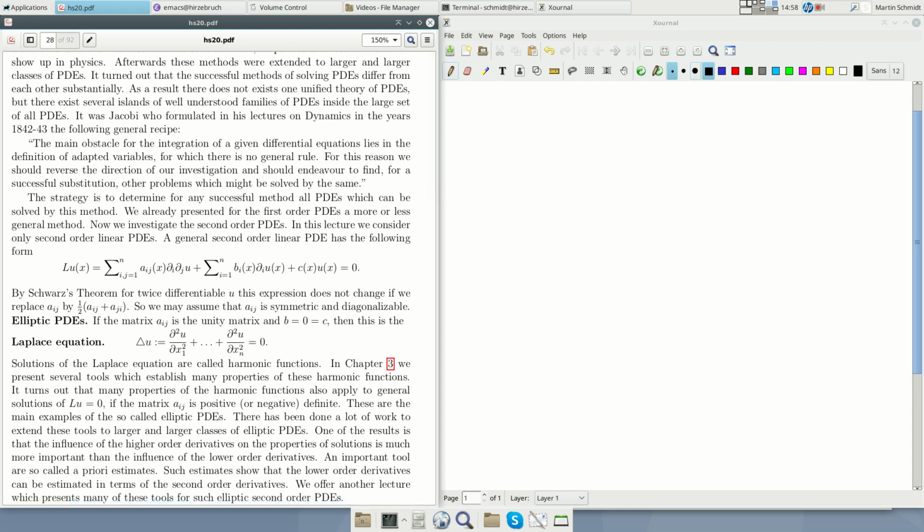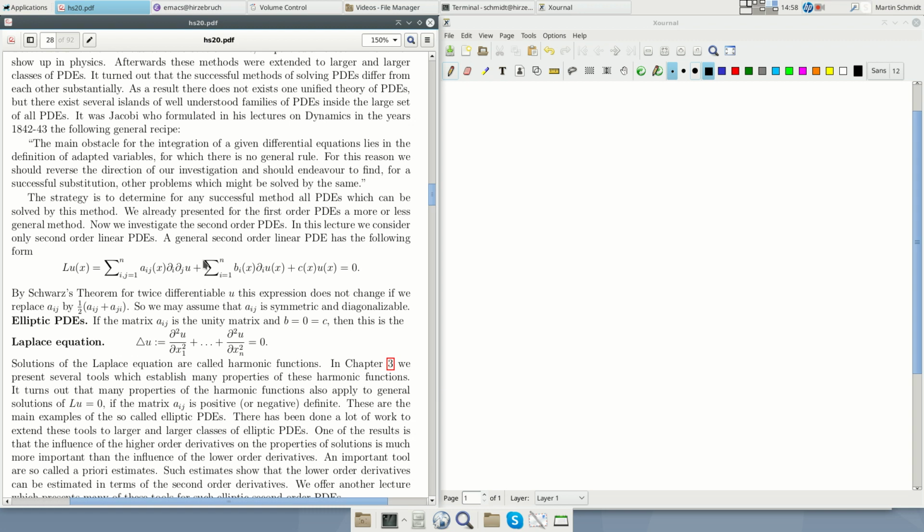Okay, this is more or less the next more complicated PDE after we understood the first order scalar PDEs. Now we should say, and we will demonstrate this, there exists no general method to solve such second order linear PDEs.